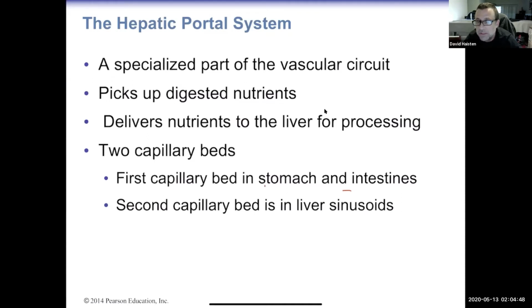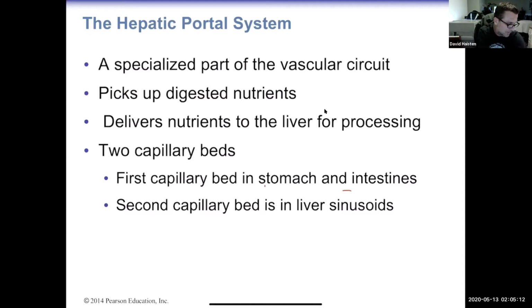The superior mesenteric vein supplies the proximal parts of your large intestine and all of the small. The inferior mesenteric vein supplies your rectum and distal colon. Splenic vein, it's bringing back blood from your spleen and also blood from your stomach.